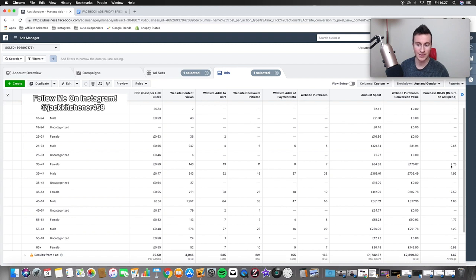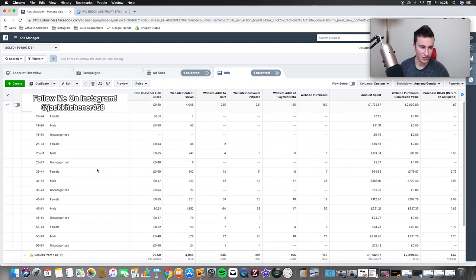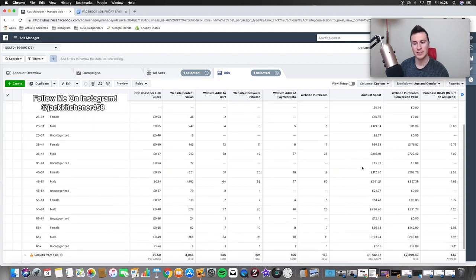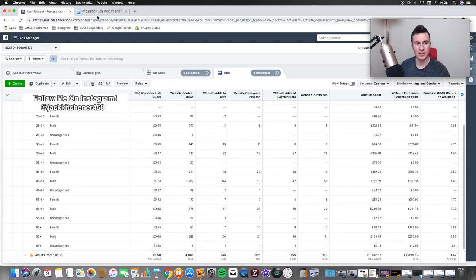As you can see, this one's 2.73, so that's definitely a potential one I could go for, which is 35 to 44 female. This one's pretty good as well. This one's pretty good. This one's pretty good. In fact, it looks to me that generally anyone over the age of, say, 35 seems to be responding quite well to this product. So what I would do is duplicate this ad set, 35 plus, male and female, and that way I'm spending all of my budget on the genders and age ranges that are the most profitable.